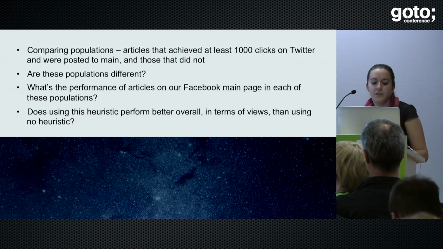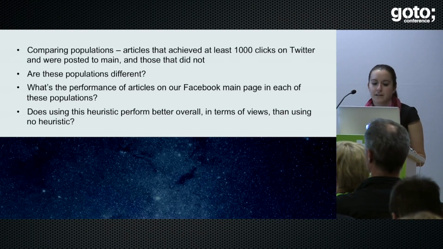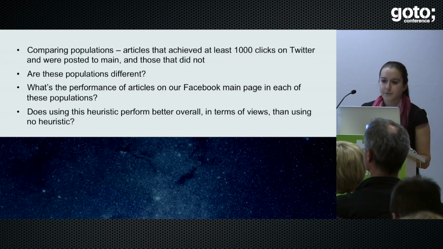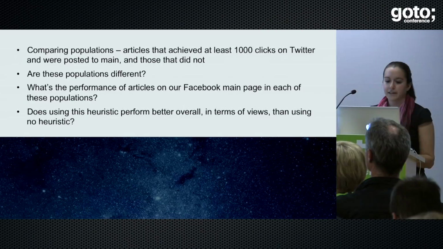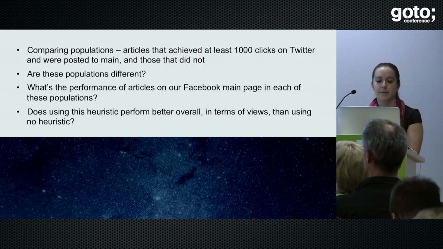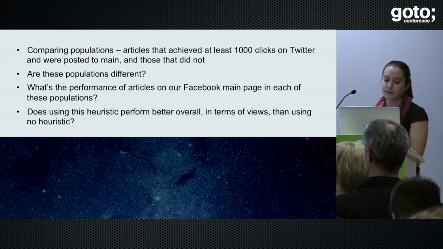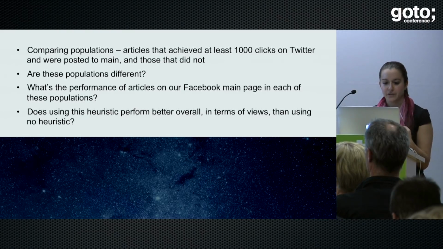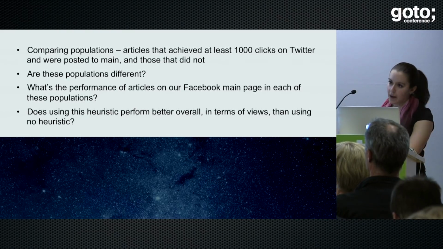So what does it mean to ask, is this a good heuristic? Good is a relative term, so let's define that more thoroughly. Breaking down the problem, we want to compare populations: articles that achieved at least 1,000 clicks on Twitter and were posted to main, and those that were not posted to main.